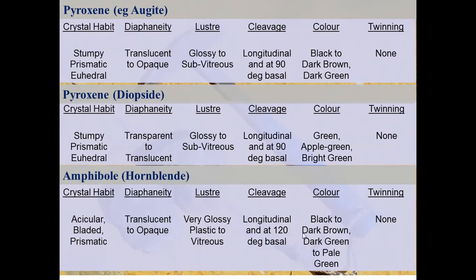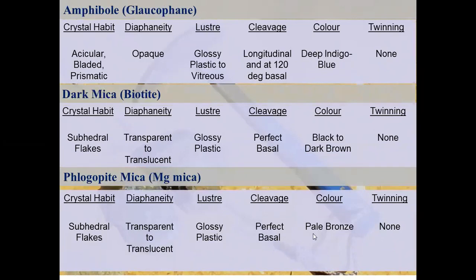They had cleavage as well, but if you are lucky enough to find a basal section, those had a pair of intersecting cleavages making an angle of around 120 degrees. And these were in black, dark colors. We then, for completeness, had a look at the amphibole glaucophane, with very similar characteristics to the rest of the amphiboles, but the major difference was its deep indigo blue color.